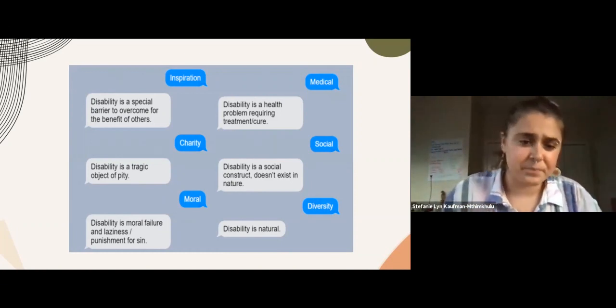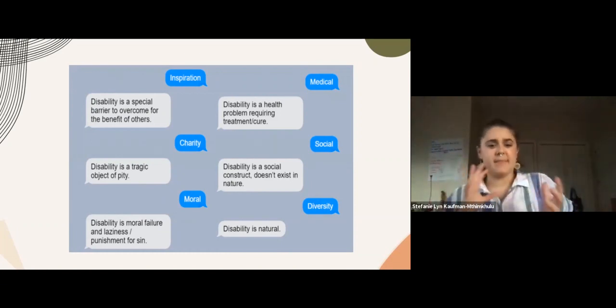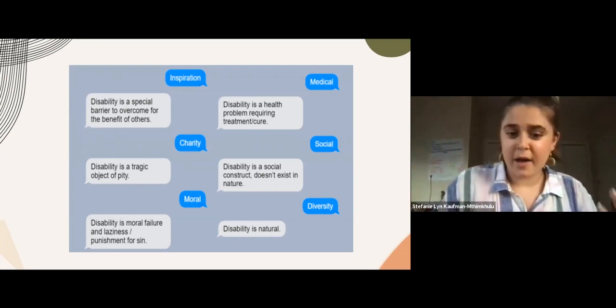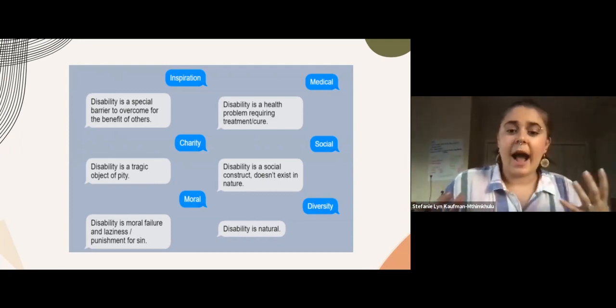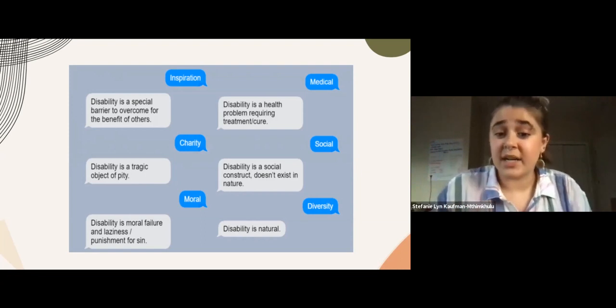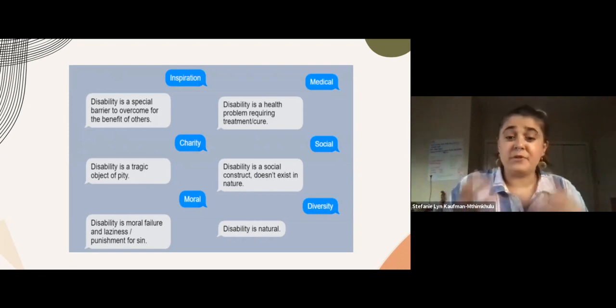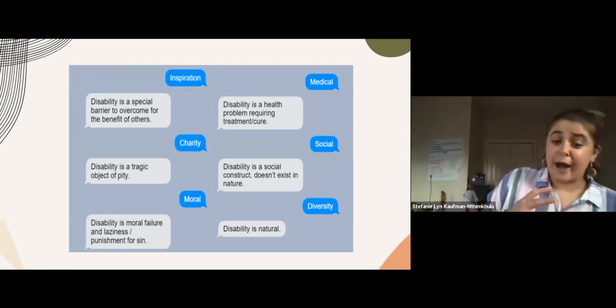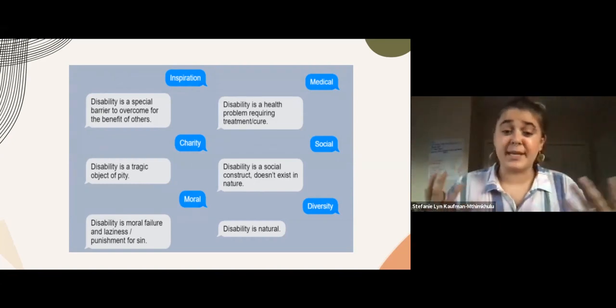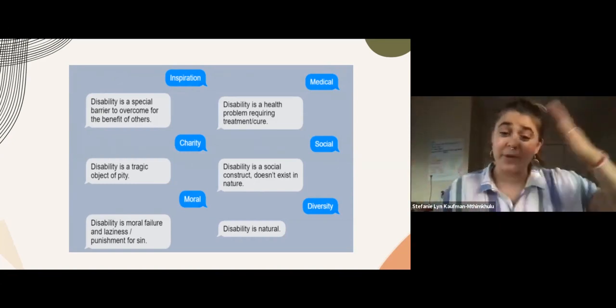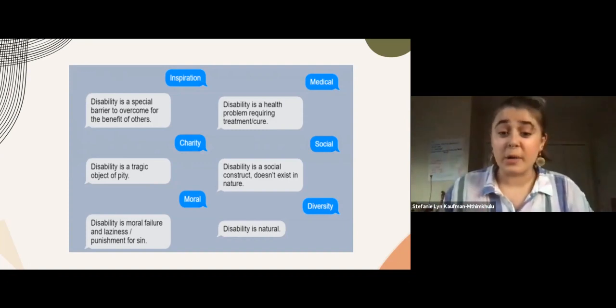In opposition to the medical model is the social model, as I just mentioned, thinking about how disability is something that's constructed. We also have diversity models, thinking about how disability naturally exists in nature; disabled people have always been here, and we will always be here.